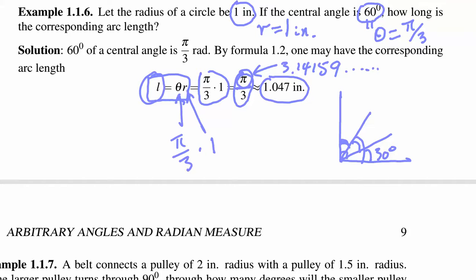And if the radius is 1 inch, then the length of arc, approximately this part, will be slightly bigger than 1 inch, which is 1.047 inches. Okay, I'll see you next time.